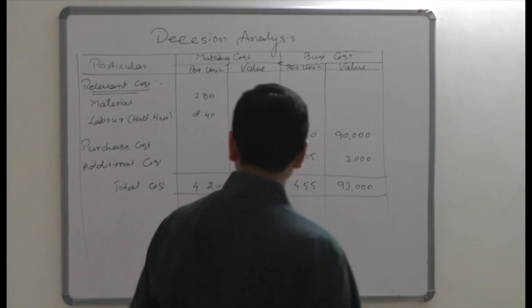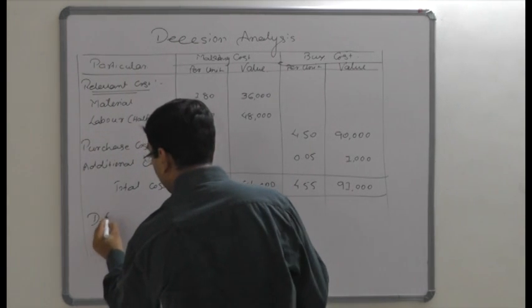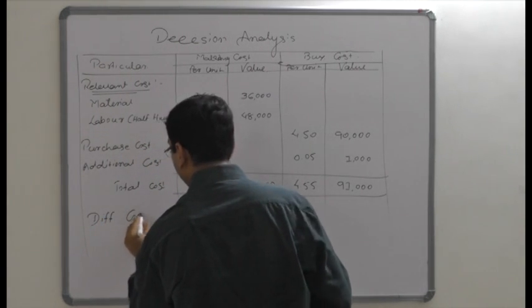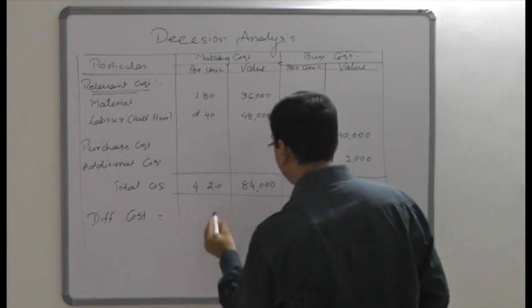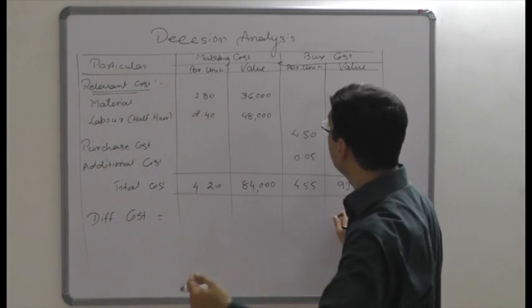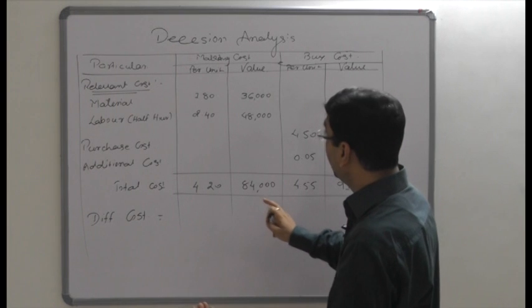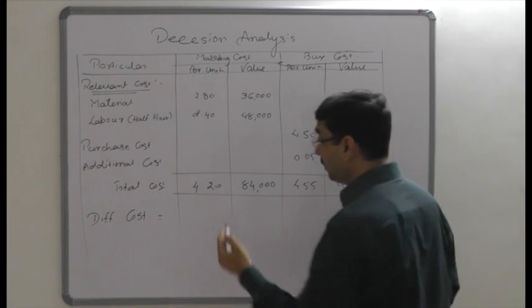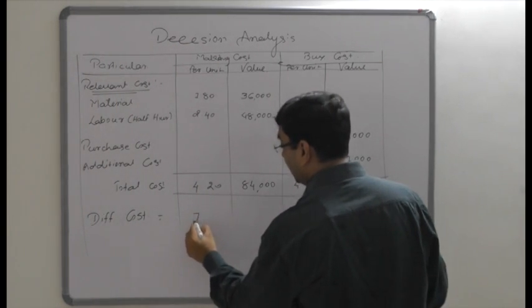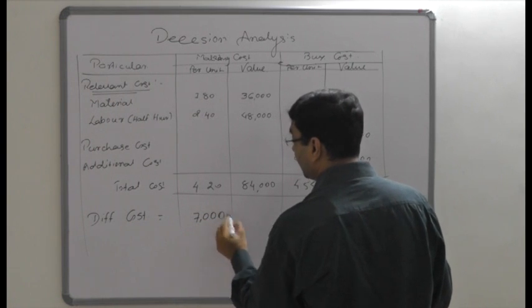So what would be the differential cost? Your differential cost is 91,000 in case of buying from outside, and 84,000 in case of making in the premises. The difference shows 7,000 rupees.